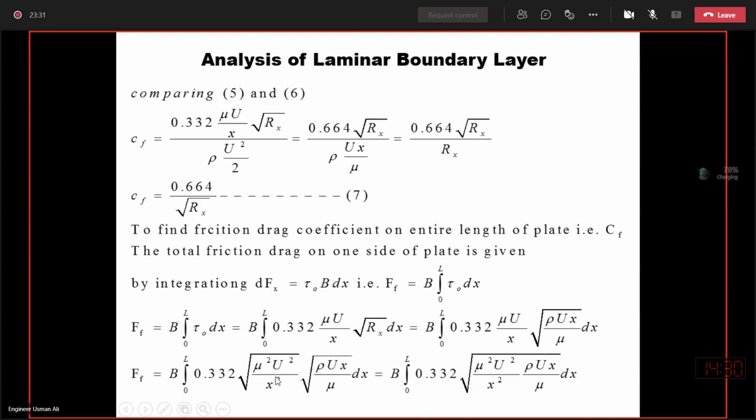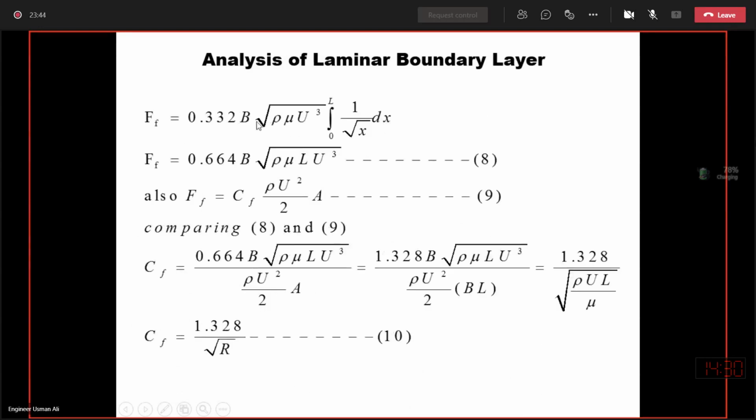Further we can write these two terms combined under the root and simplify. Mu cube will be there, one value of x will be eliminated. Then 0.332 b under root rho mu u cube, into the integral from 0 to L of 1 over x under root x dx.